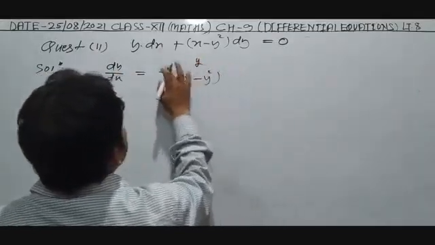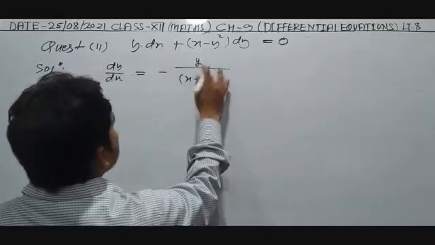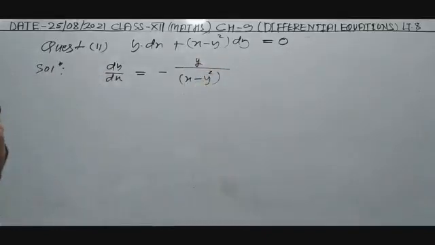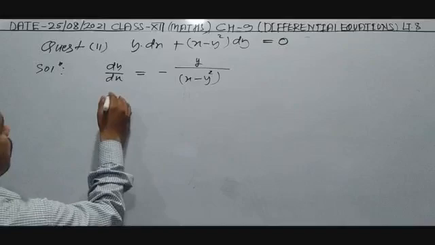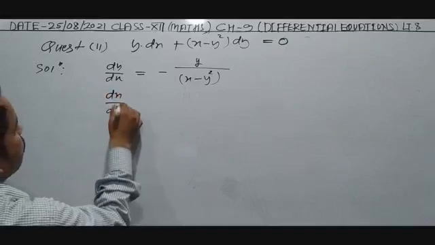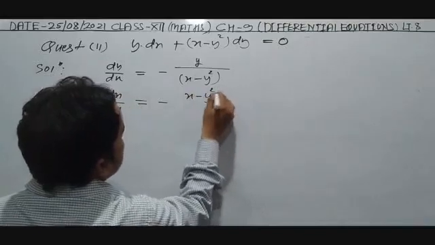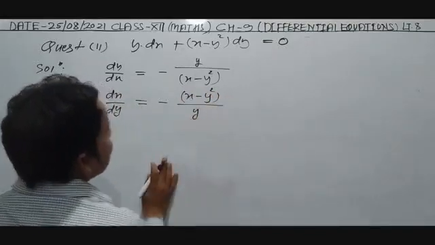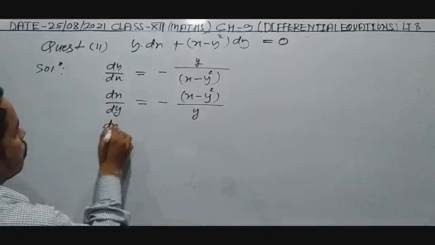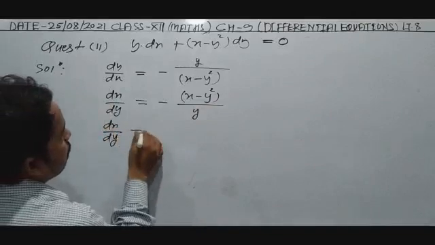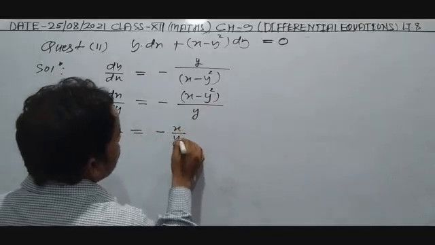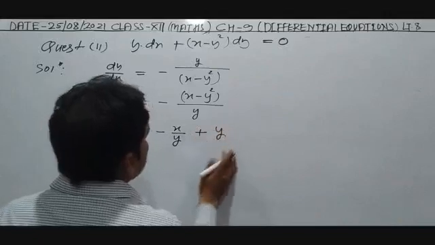When you cross multiply, you get the same result. So this one we can also write as dx upon dy is equal to minus (x minus y square) upon y. So dx upon dy is equal to minus x upon y plus y.